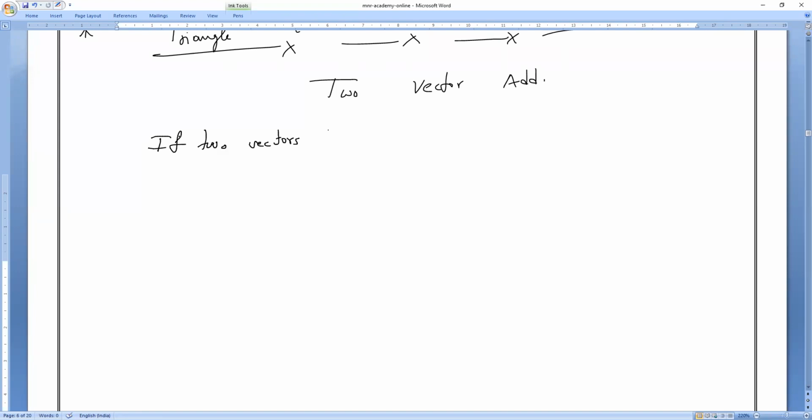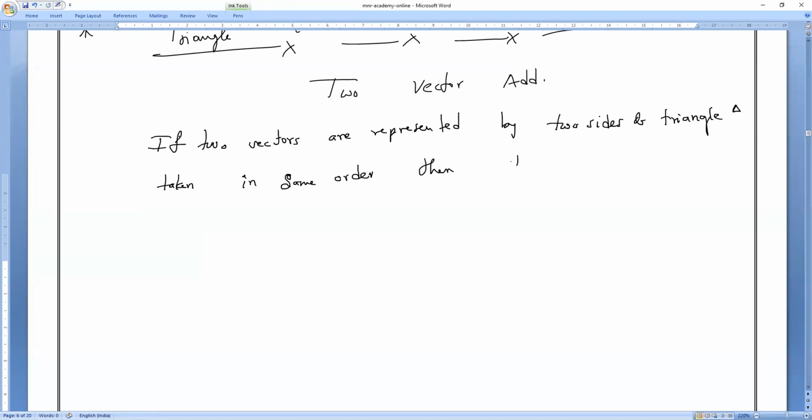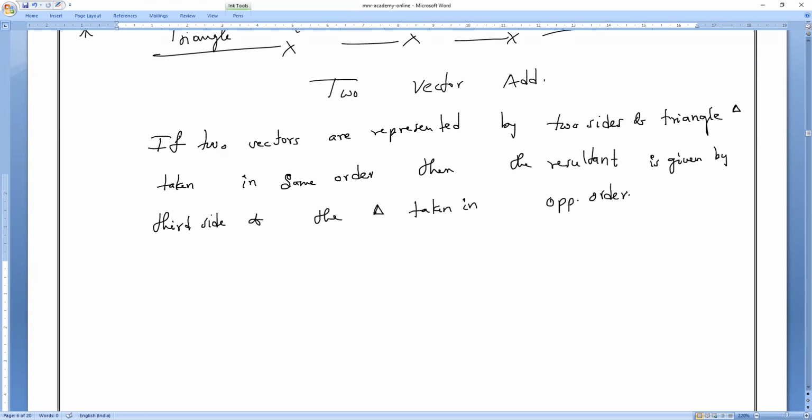If two vectors are represented by two sides of a triangle taken in the same order, then the resultant is given by the third side of the triangle taken in the opposite order. Understand? That is only the triangle law of vector addition.